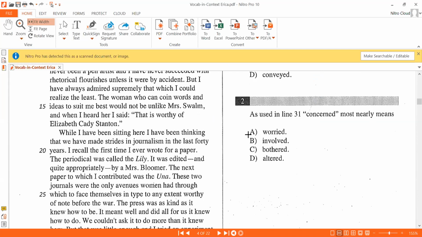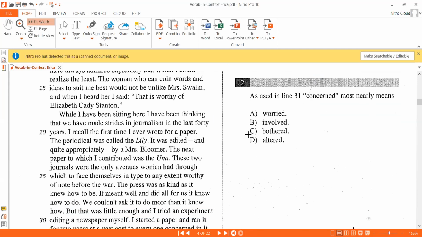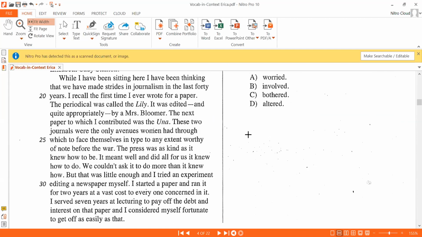Let's go to the next question. As used in line 31, concerned most nearly means. I started a paper and ran it for 2 years at a vast cost to everyone concerned in it.